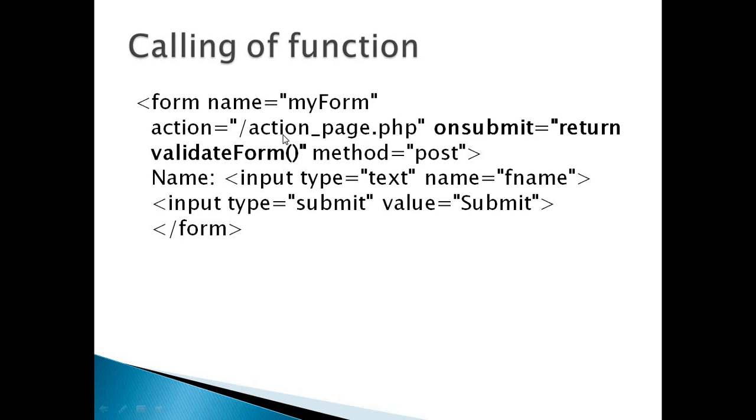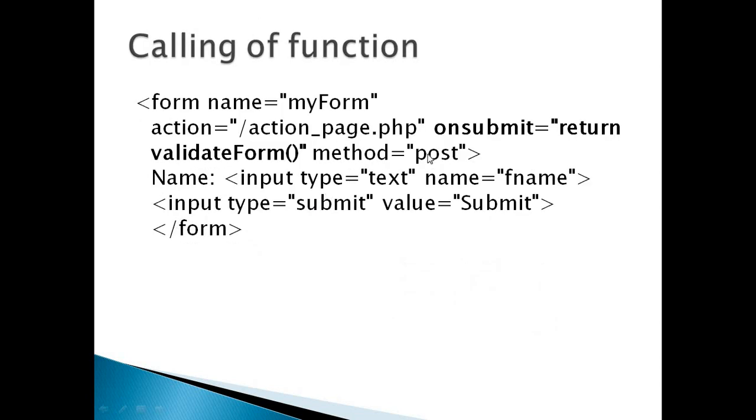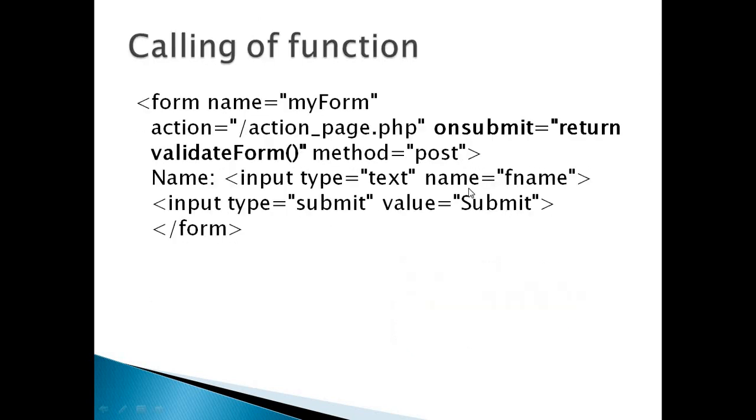That means it is the calling of the function, which is this one. Method is post. Post means when we click on the button, it will submit the details to another page. So here is the input, type text, name is fname. That's why I am writing the name of that control, fname, and one is the button, that is input type submit, and value is submit.